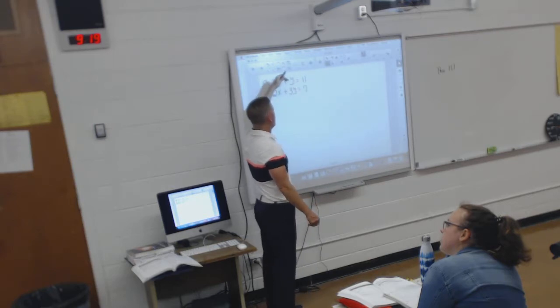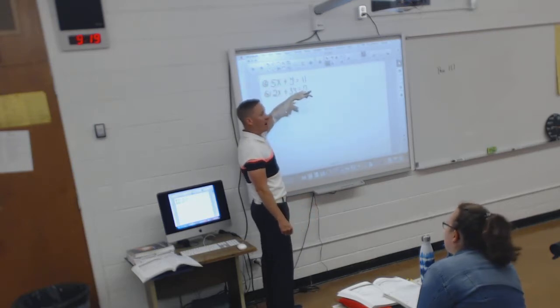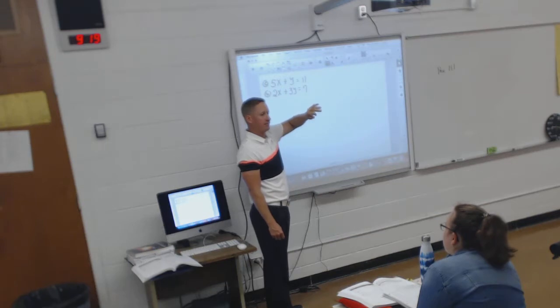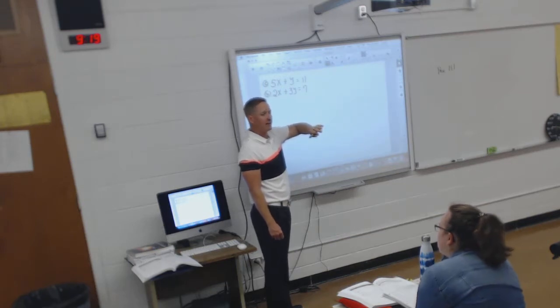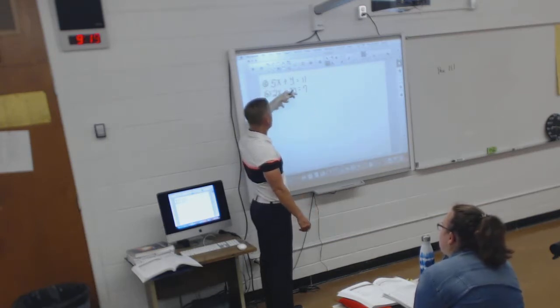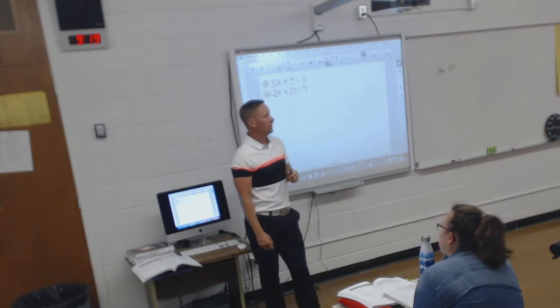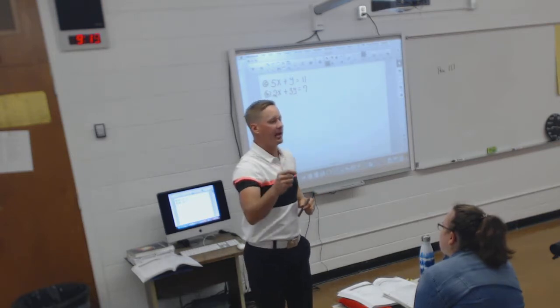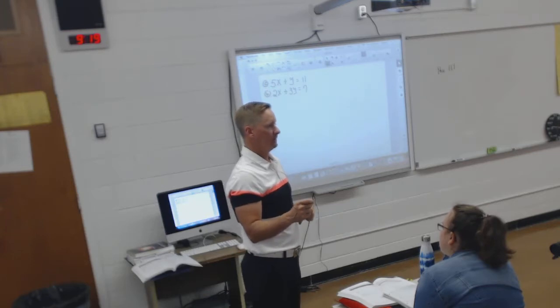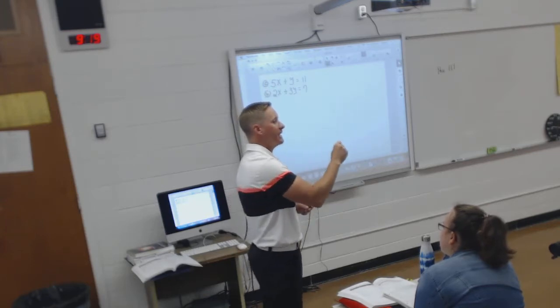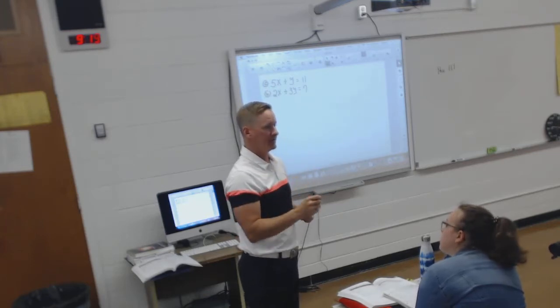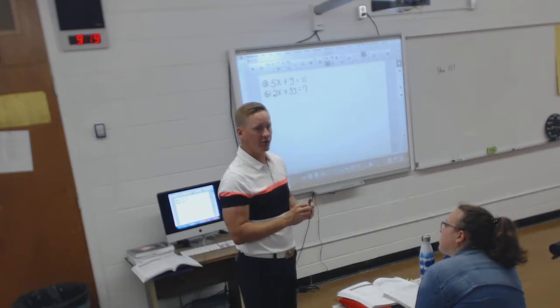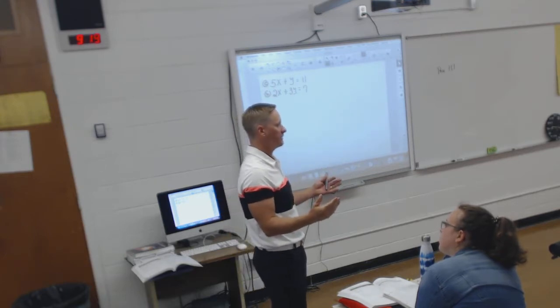What I want to do is either add or subtract. Now I never ever subtract, for the record. So I'm just going to use add. I want to add these two equations together so that one of the variables cancels out. I'm going to eliminate one variable from these two equations in order to solve this question.